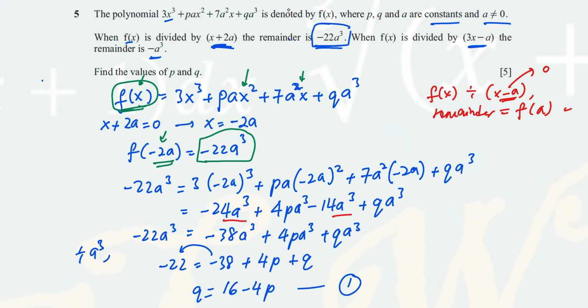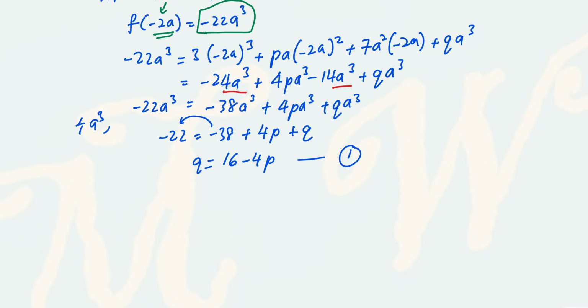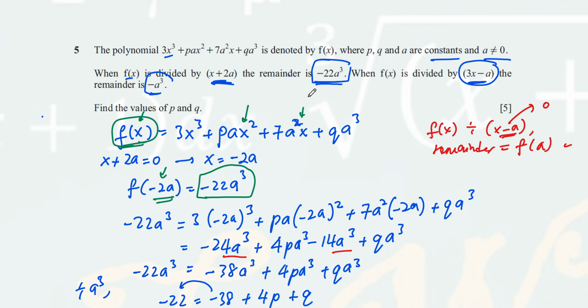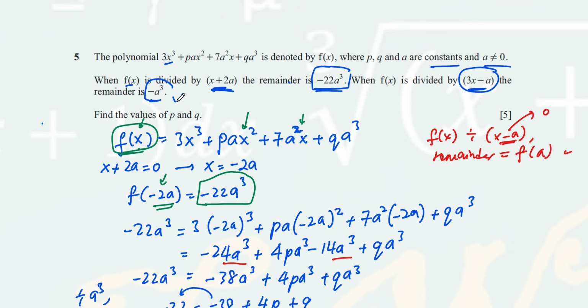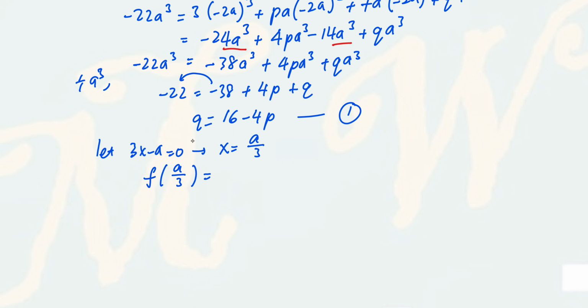So now use the second divisor, 3x minus a, and the remainder is negative a cubed. So now I will let 3x minus a be 0. Then the x is going to be a over 3. And now I will get f of a over 3 equals the given remainder. The remainder is negative a cubed.